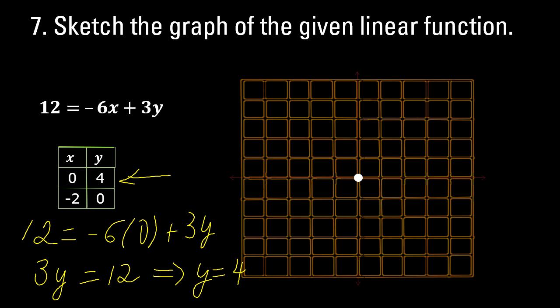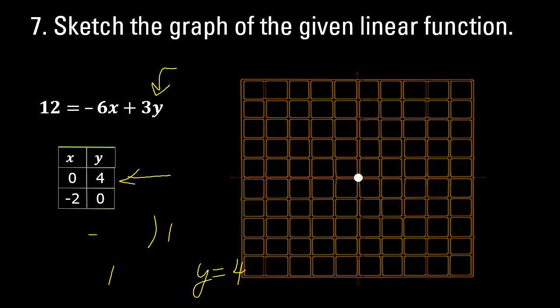Now we need to find the other point. The other point, we're going to replace y by 0. So we're going to have 12 equal negative 6x plus 3 times 0, that's 0.